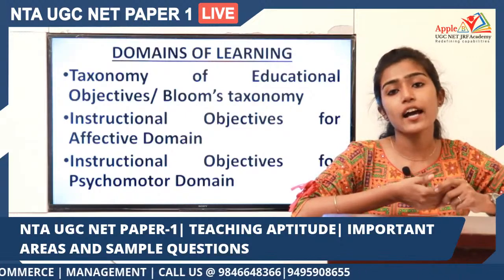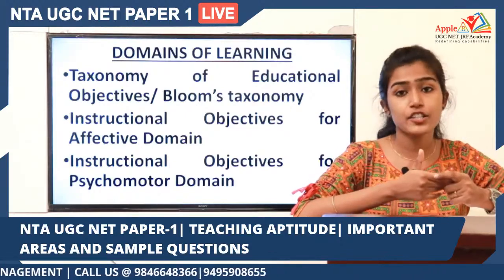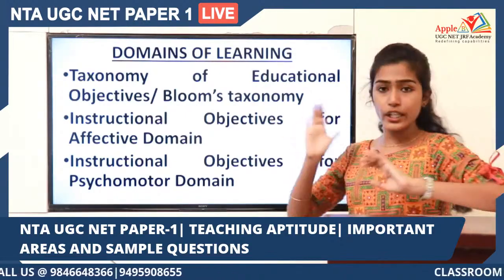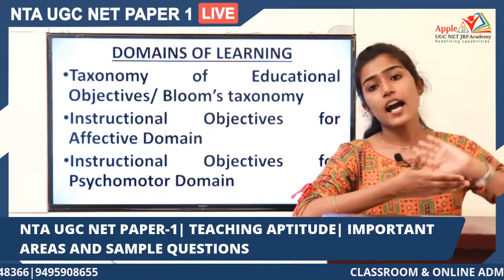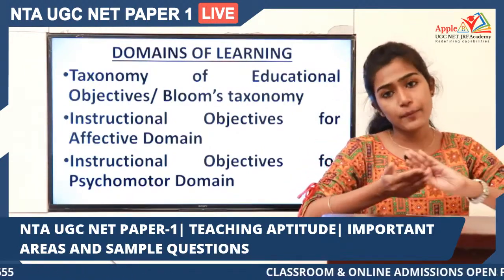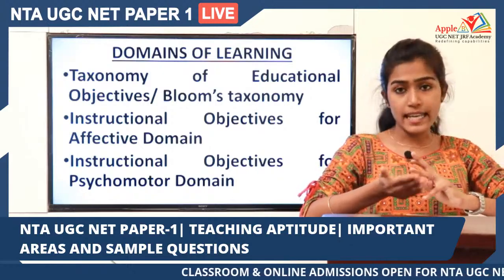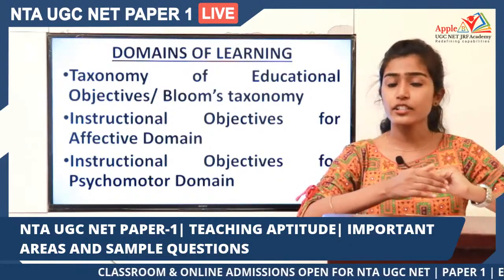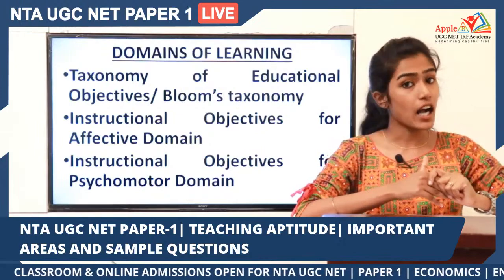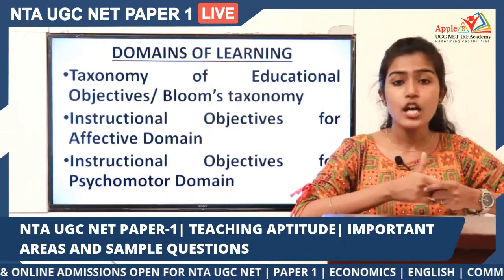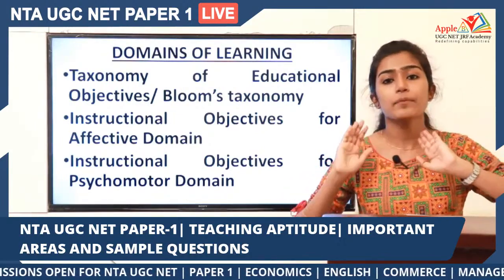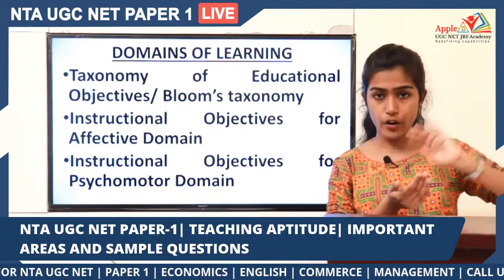Or there are different types of instructional objectives for the cognitive domain, and it is arranged in such a way that it starts from the least complex to the highest level of learning outcomes or instructional objectives. So it has been made in a particular way. It is in a hierarchical order.